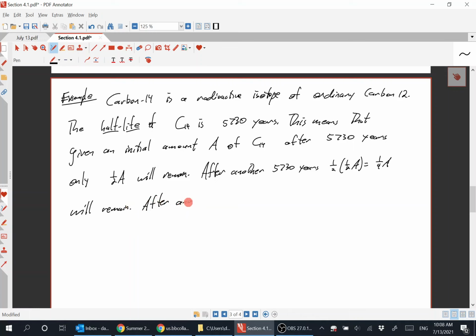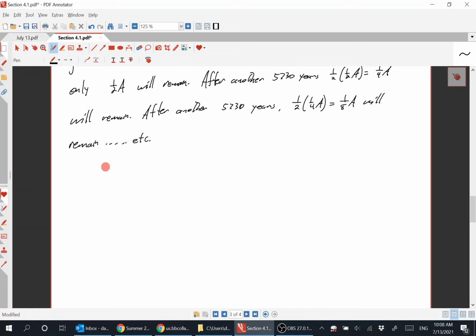After another 5,730 years, half of this amount will remain. 1/2 of that current amount, which is 1/8 of A, will remain. Right, etc., etc. So it looks like this, right?